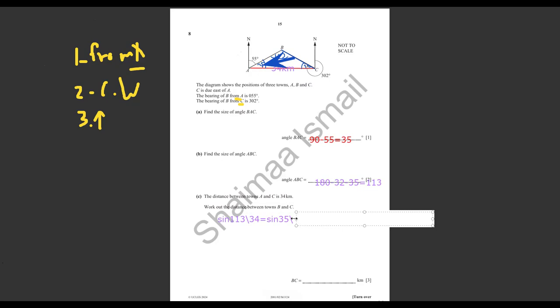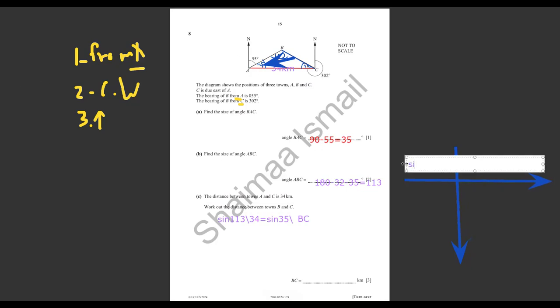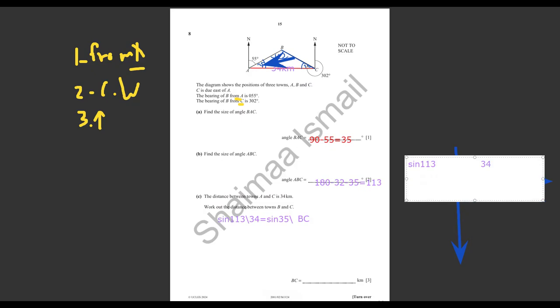So 35 dividing the BC. So the BC here will be equal to, work it like this. With the plus sign that we always use, sine 113 over 34 kilometers will be equal to sine 35 over the BC. Okay.